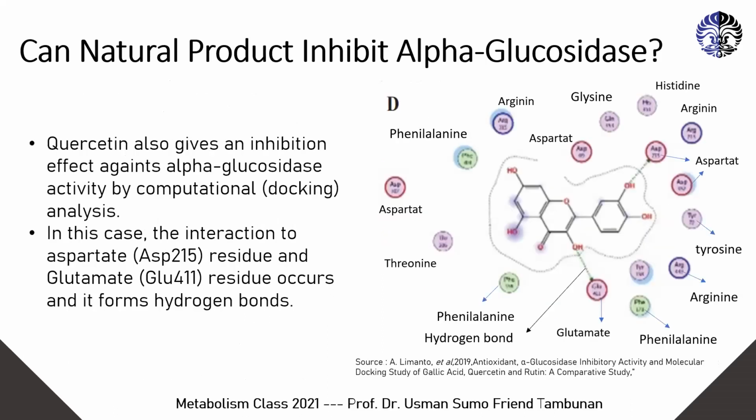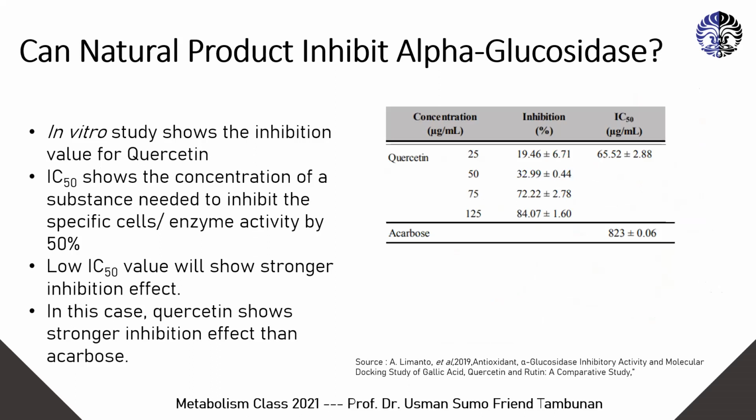Quercetin also gives an inhibition effect against alpha-glucosidase activity by computational or docking analysis. In this case, interaction with aspartate residue and glutamate residue occurs, and it forms hydrogen bonds. An in vitro study shows the inhibition value for quercetin.